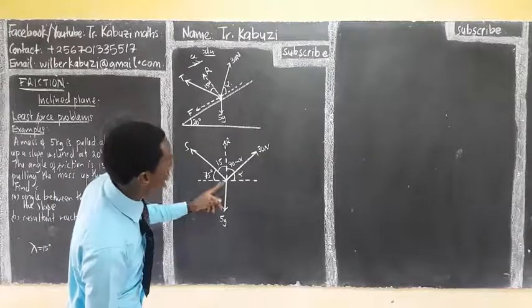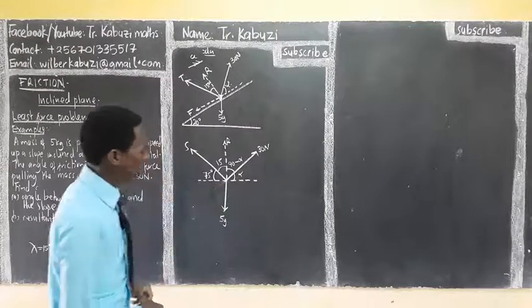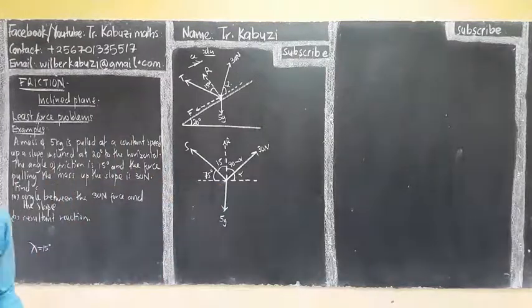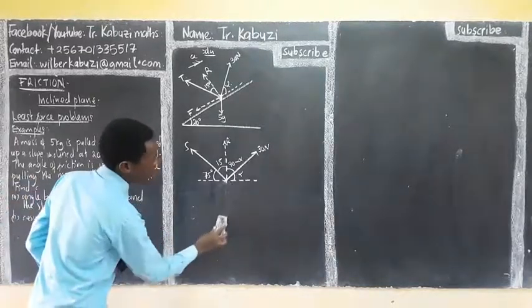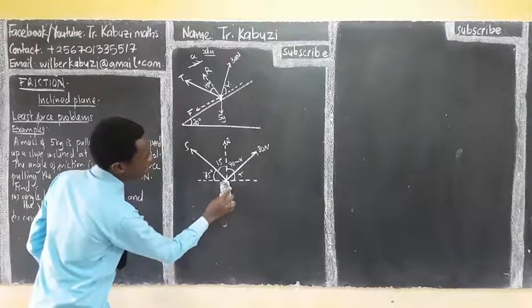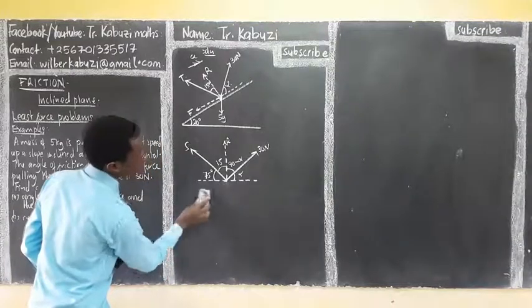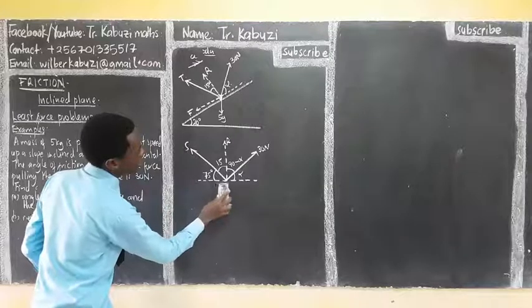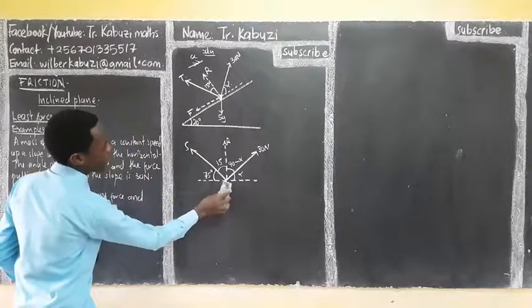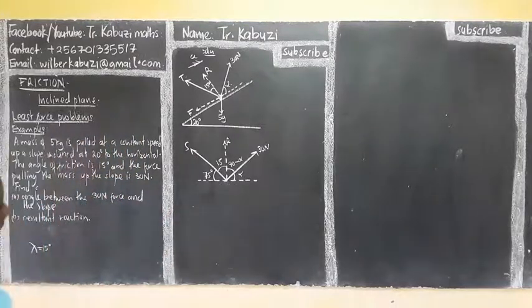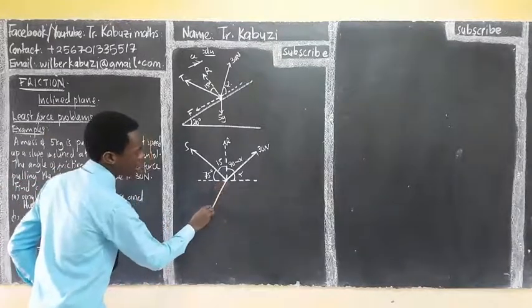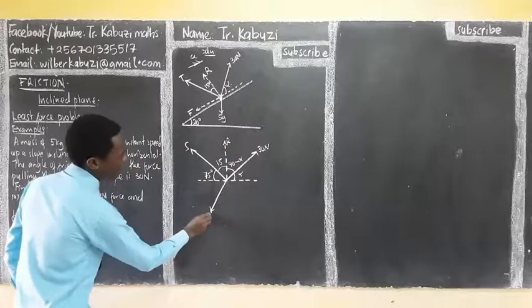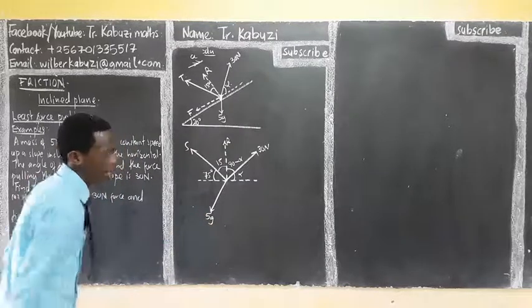It's not 90 degrees, because the weight is not perpendicular to the slope. Never. Maybe if I draw it like this, I think that will make more sense. Understand?